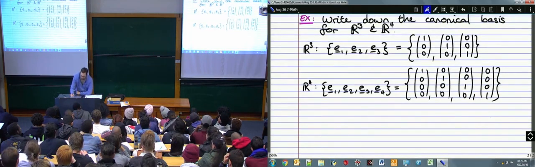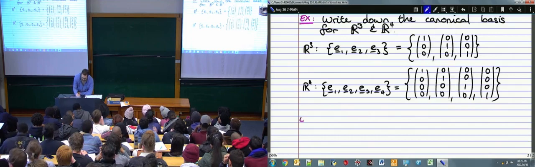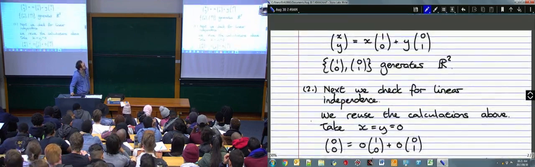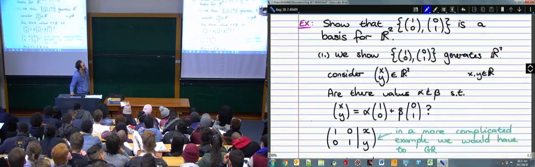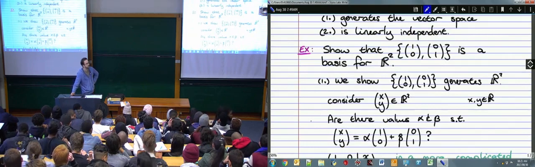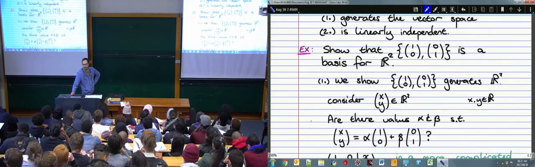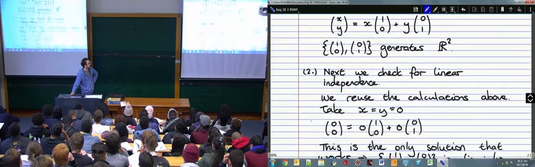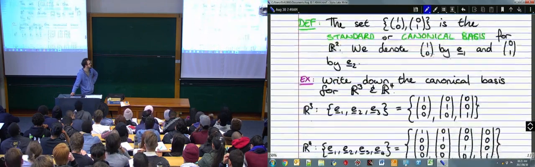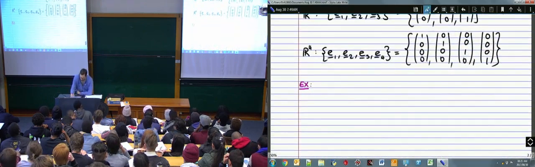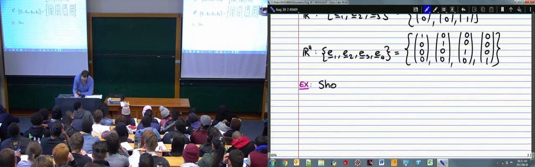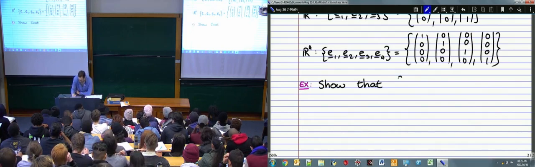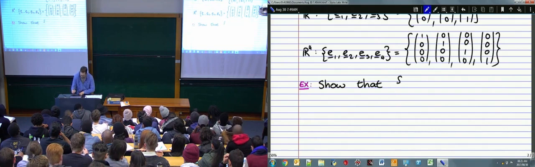Let's take a look at a slightly trickier version of the first problem that we did today. We looked at this set over here, the set (1,0), (0,1), and we showed that this was a basis for R2. I'm going to give you another set of 2 vectors, and you're going to show that it's a basis for R2, but it's not going to be quite so neat this time. Let's give this a name so that we can talk about it later.